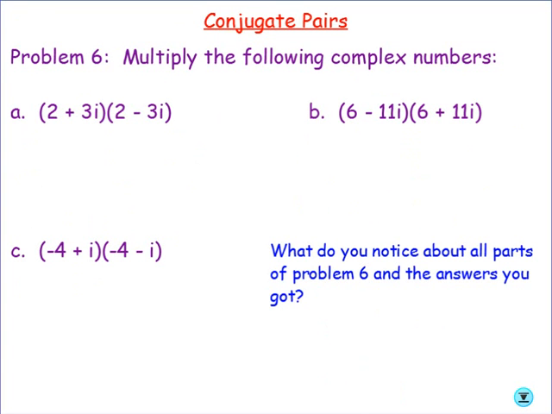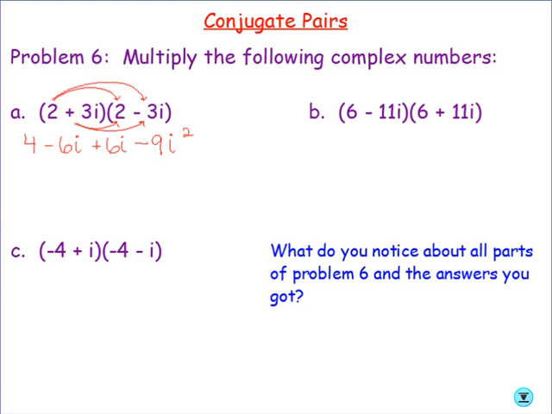Okay, so let's see how you did on these. 2 times 2 is 4. 2 times minus 3i is minus 6i. 3i times 2 is positive 6i. And 3i times negative 3i is negative 9i squared.